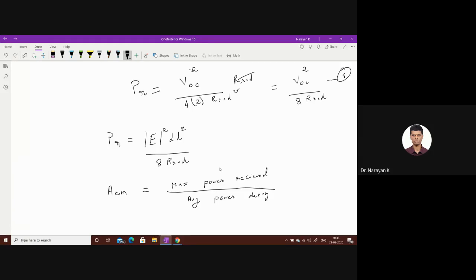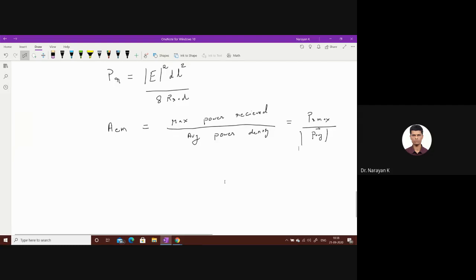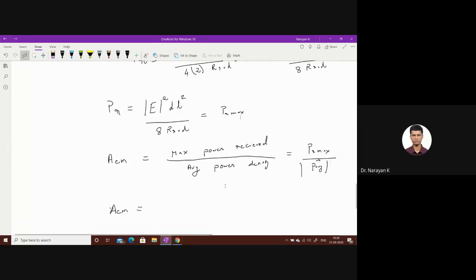So this will be nothing but your PR max, maximum power received, divided by P average. So your maximum effective area of the antenna can be written as, your PR max is nothing but this one. I'll call this equation 5.